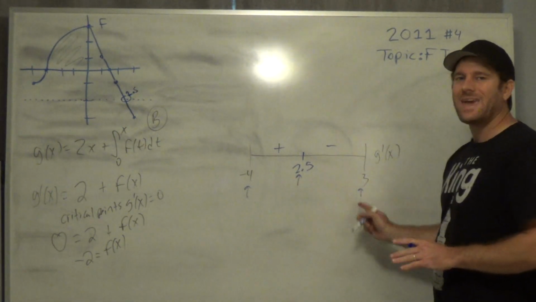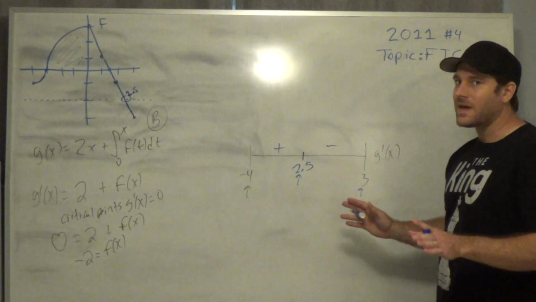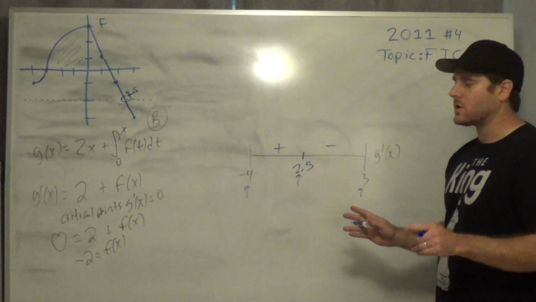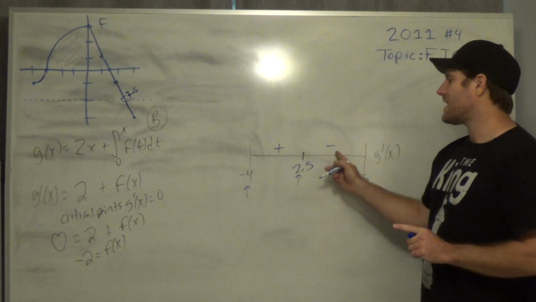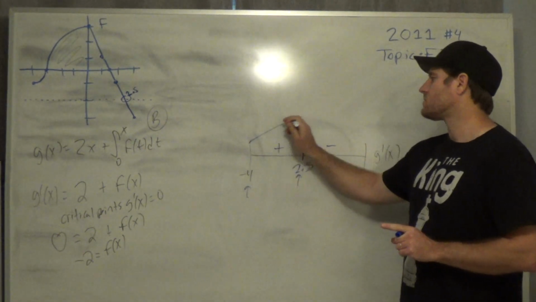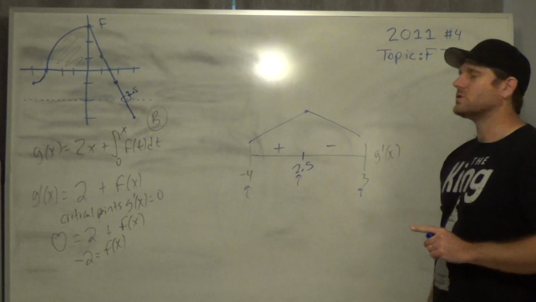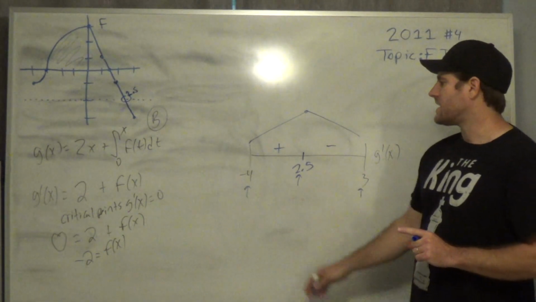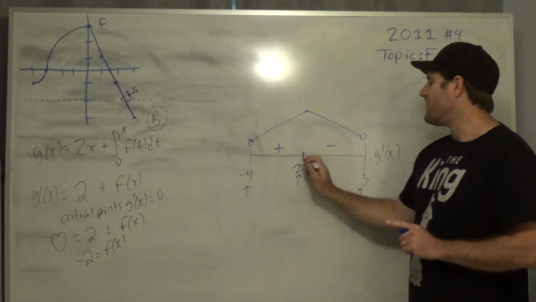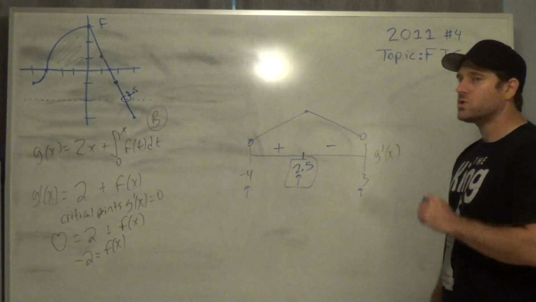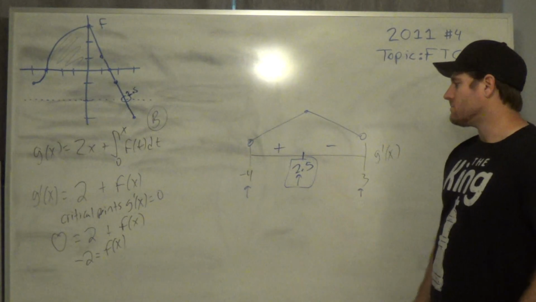So these are my only candidates. However, they all can't win the absolute max award. Look at what this tells me about G prime x. Positive then negative tells me G of x was increasing and then decreasing. So these two right here could have won absolute min awards. This is the only one who could have won an absolute max award.